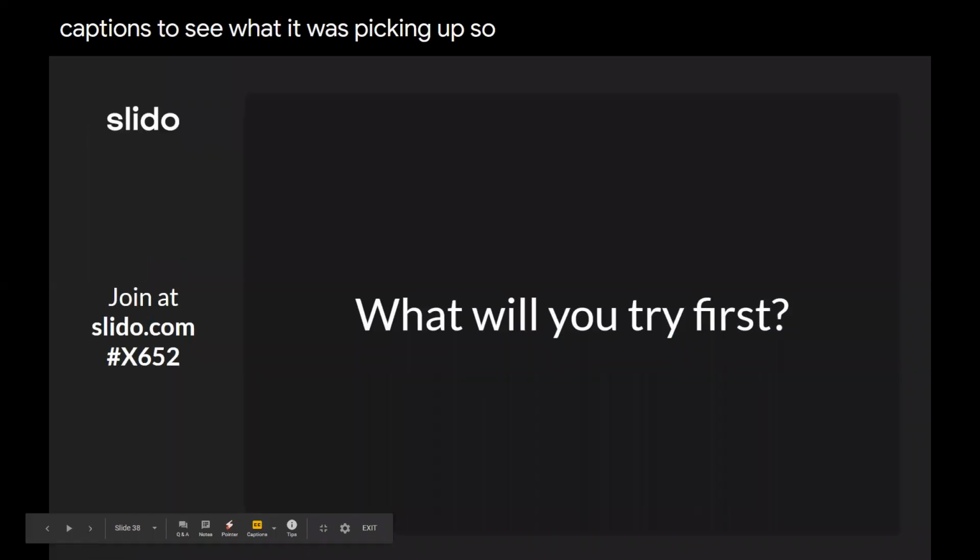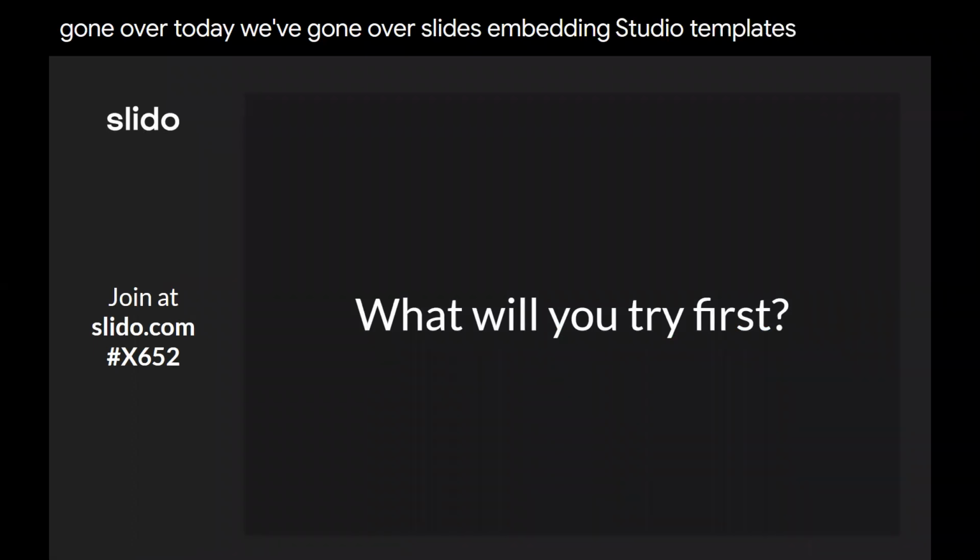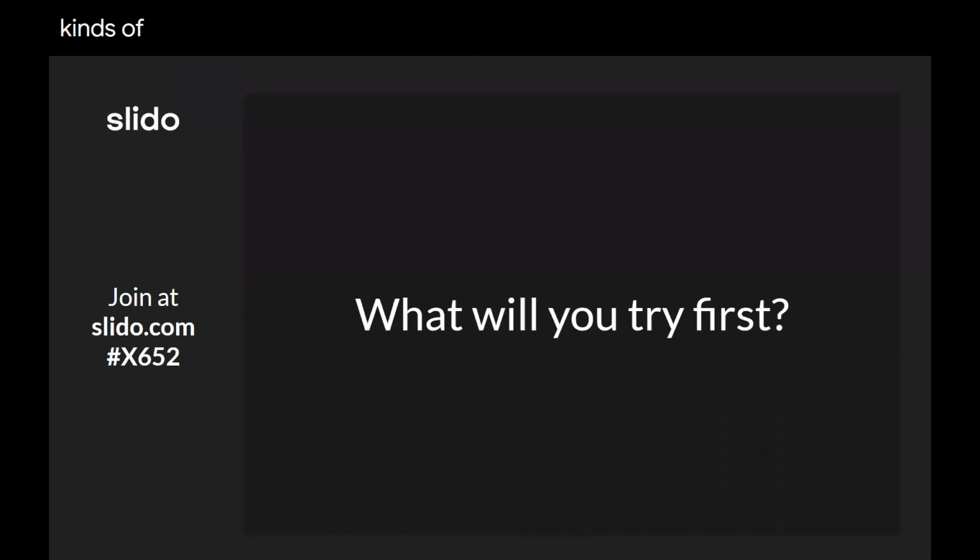So you've got lots of things that we've gone over today. We've gone over slides, embedding, Studio, templates, and all kinds of other things that you can choose to use with slides.